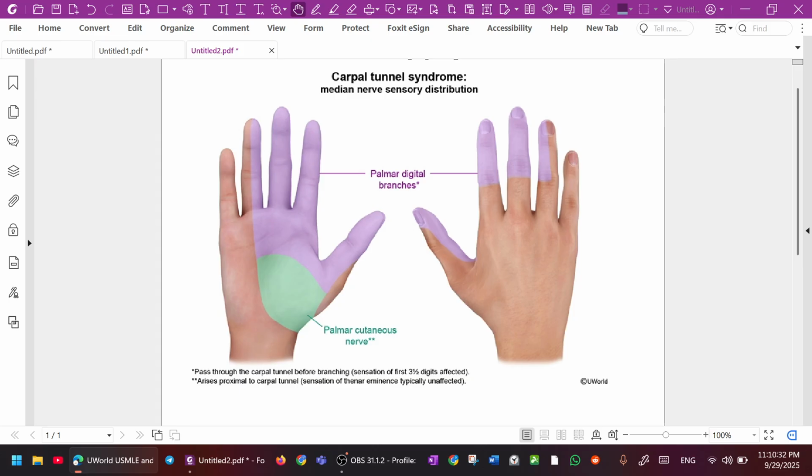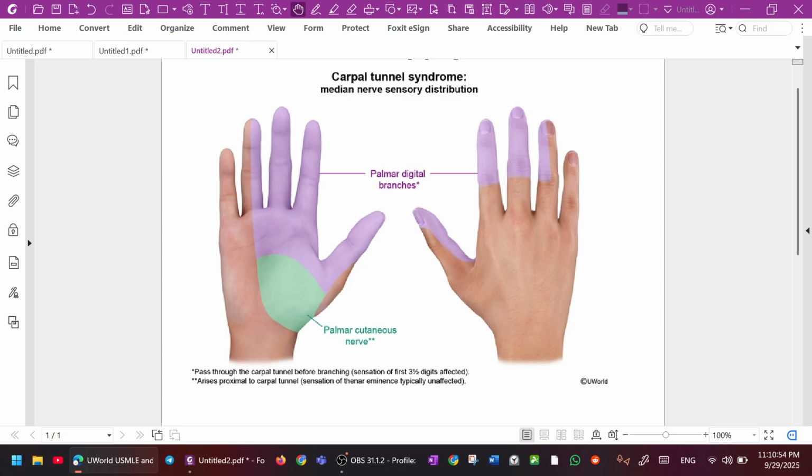If I look at the aggravating or relieving factors, symptoms are often provoked by activities involving sustained wrist extension and flexion, like driving and typing, which increase the carpal tunnel pressure.